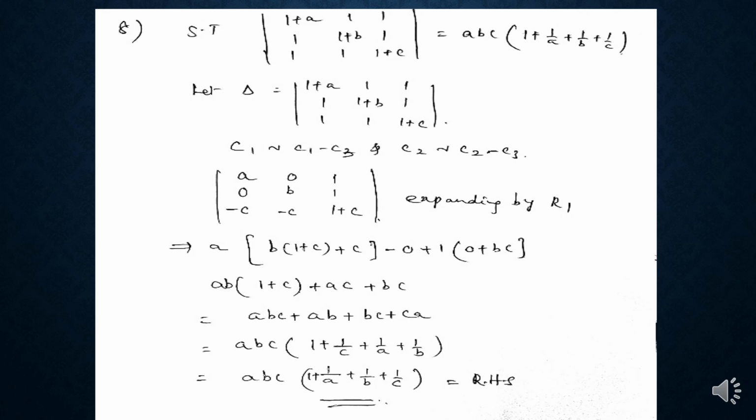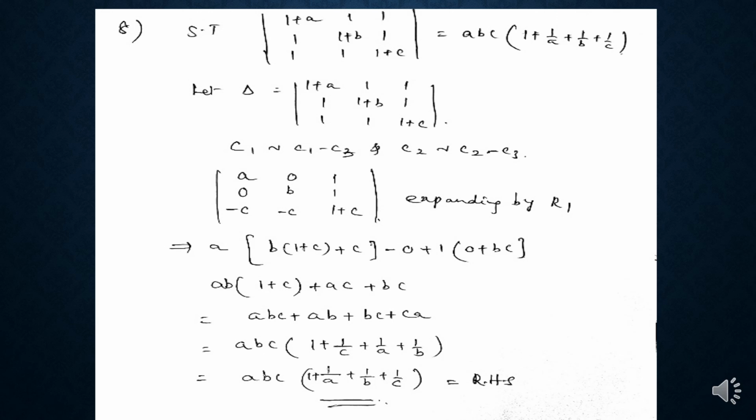By expanding by R1, we will get R1 elements are a, 0, 1, a into b into 1 plus c minus 0 minus 0 into something is 0 plus 1 into 0 plus bc, that is ab into 1 plus c plus ac plus bc, that is abc plus ab plus bc plus ca.